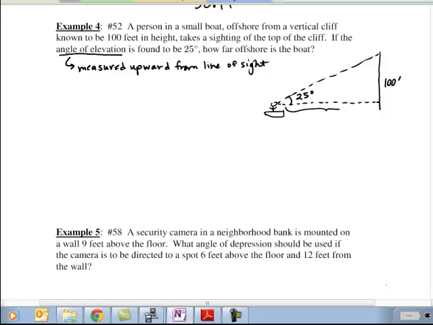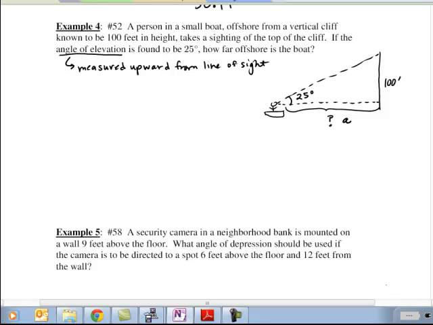We want to know how far offshore we are. The cliff is at the shoreline, so we want to know that distance. Let's call that x. Now let's call it a letter, since we're always using letters for the sides of triangles. Let's call it A.